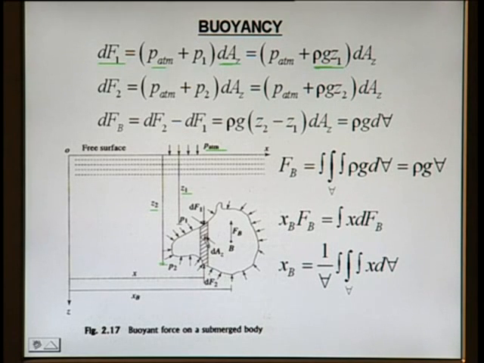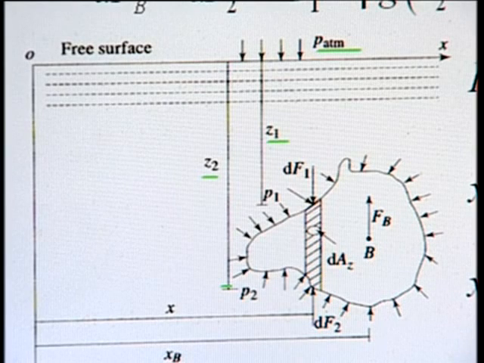What is the resultant force on this prism of size dAz? dFv is equal to dF2 minus dF1. This is the force acting in the upward direction. By using the previous two formulas of dF1 and dF2, we get rho g (z2 minus z1) into dAz.